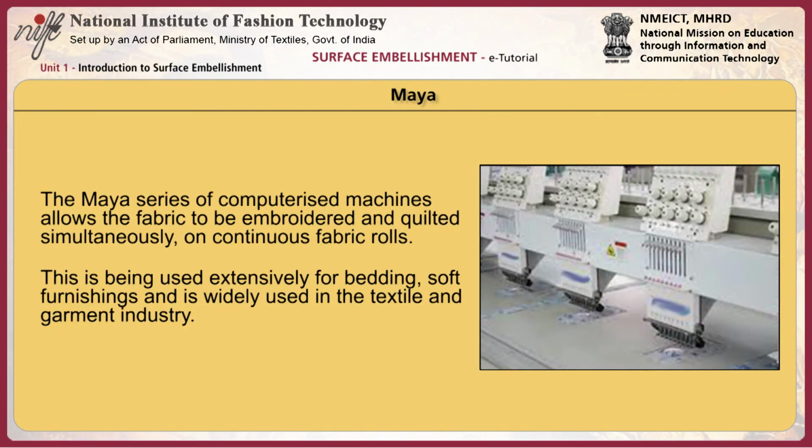The Maya series of computerized machines allows the fabric to be embroidered and quilted simultaneously on continuous fabric rolls. This is being used extensively for bedding, soft furnishings, and is widely used in the textile and garment industry.